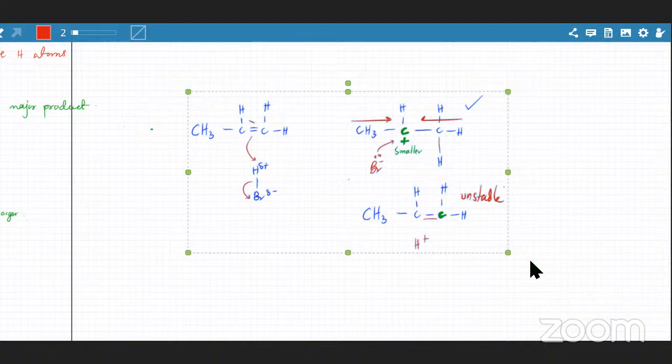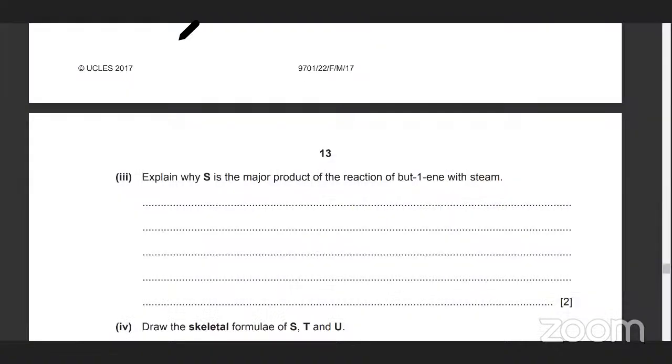So I was thinking we write that according to Markovnikov's rule, hydrogen likes to bond with a carbon that is already bonded to most hydrogen atoms. But he's asking for the explanation behind that, no? I mean, look at the question. He's asking, explain why S is the major product.